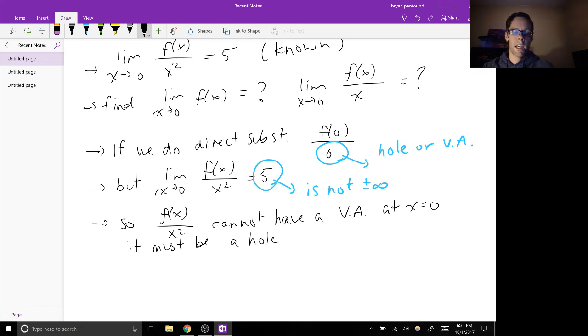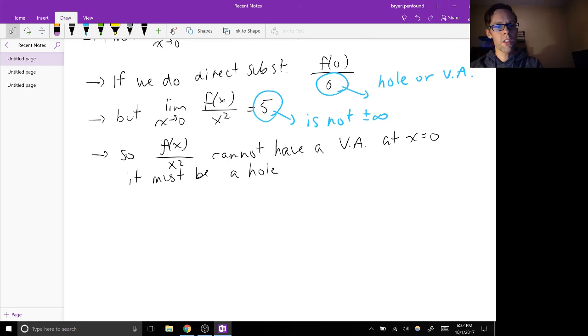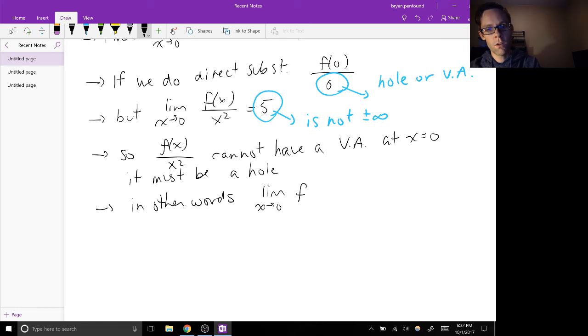It has to be a hole at x is equal to 0. Or in other words, the limit as x approaches 0 of the numerator must be equal to 0 as well. So for us to get a value, which is 5, is if our numerator and denominator are both equal to 0 when I do a direct substitution. So that's going to answer part A.